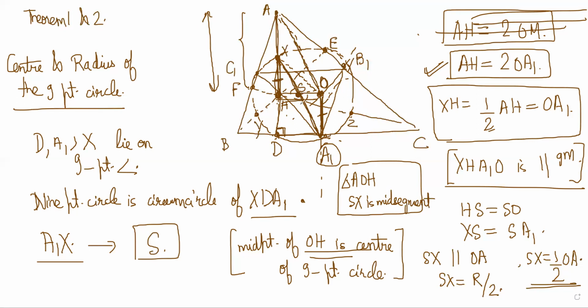So SX is the 9-point radius, or R dash is equal to R by 2. So what we have proven is that the 9-point center is the midpoint of the orthocenter and circumcenter of the original triangle, and the 9-point radius is half of the circumradius of the original triangle.